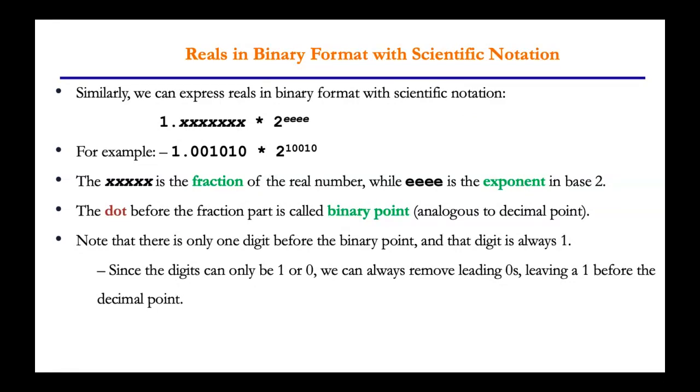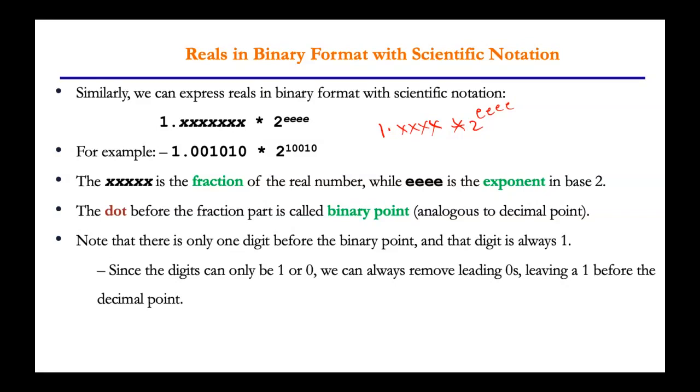Right. So we can write the scientific format in binary as 1 dot, you write the number here, and then it is multiplied with 2 to the power of your exponent part. Whereas in decimal we used some values.